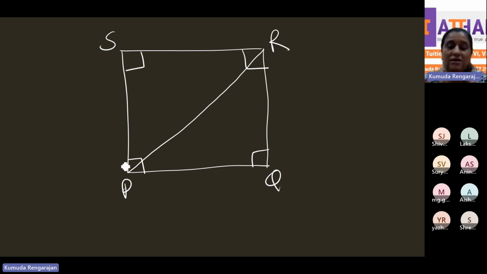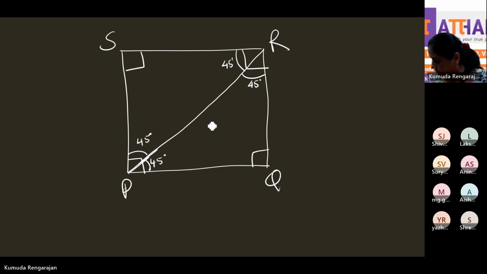Now the diagonal bisects angle P. Because it goes across a diagonal like this, the angle is divided equally. So this is 45 degrees and this is 45 degrees. Here also the diagonal bisects angle R, 45 here and 45 here. Why 45, 45? Because 45 plus 45 is only 90.